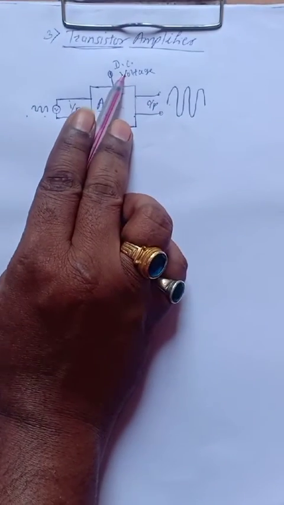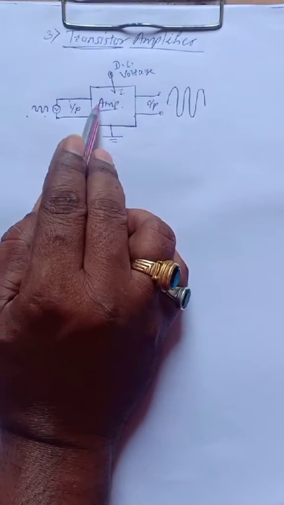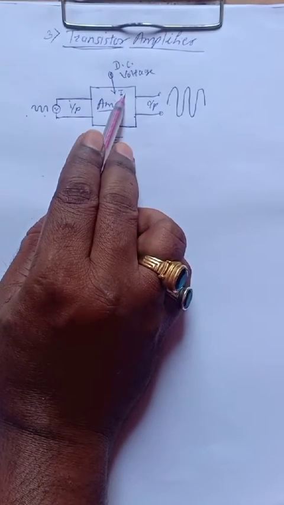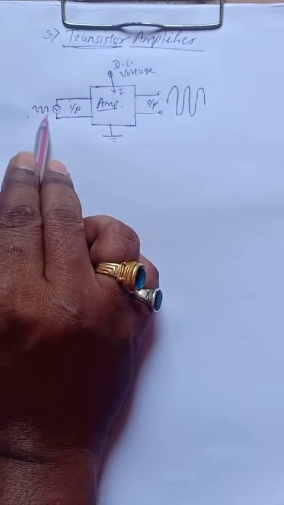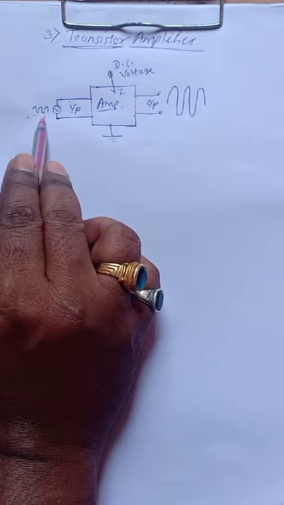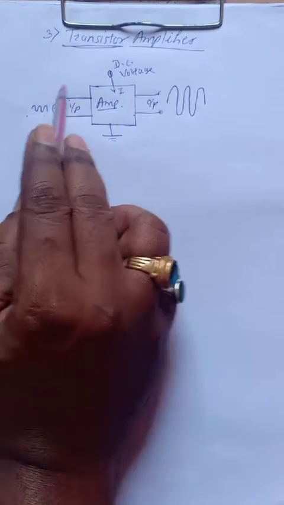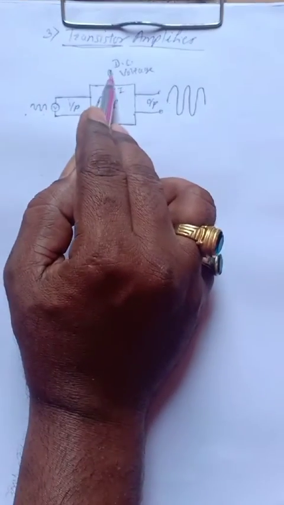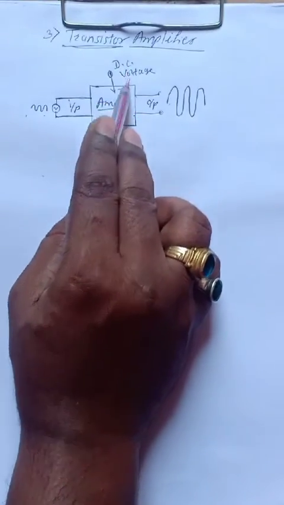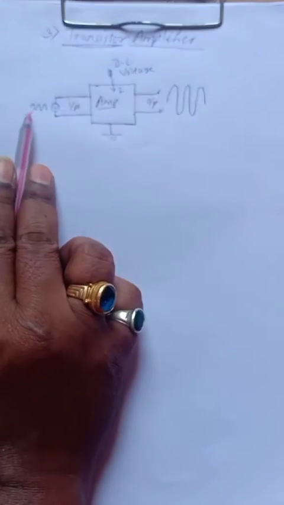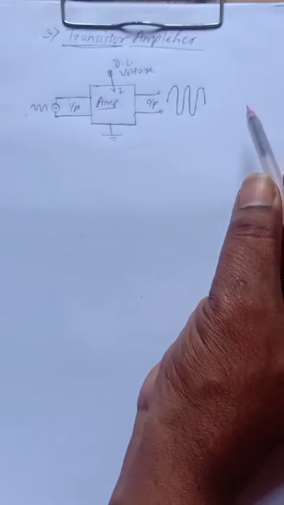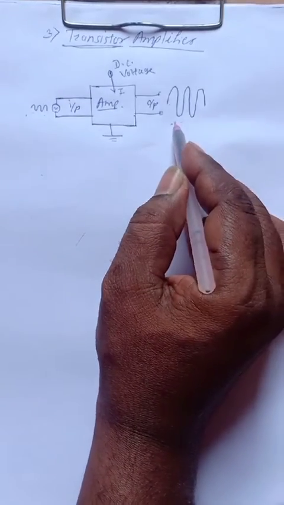It takes the current from the DC power supply and changes that current or voltage depending on the input signal. So actually this signal is not amplified, but whatever current is coming from the power supply changes the same way as the input signal. So we can say that it is amplified at the output.